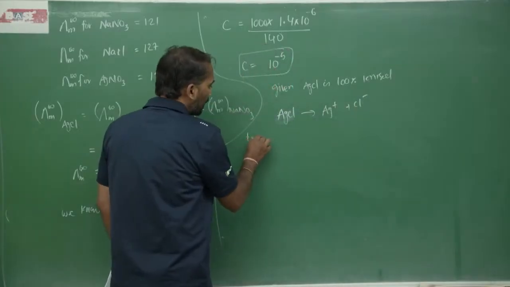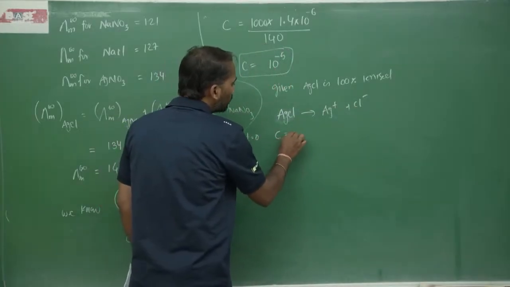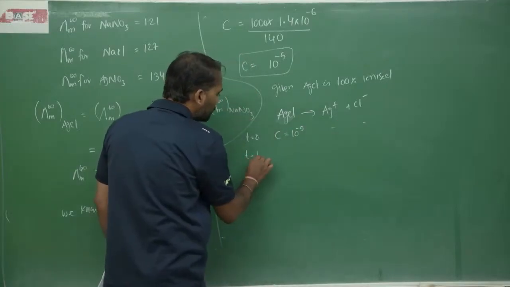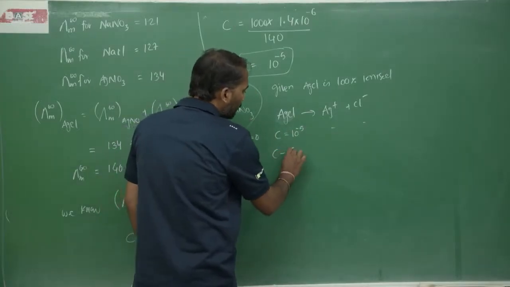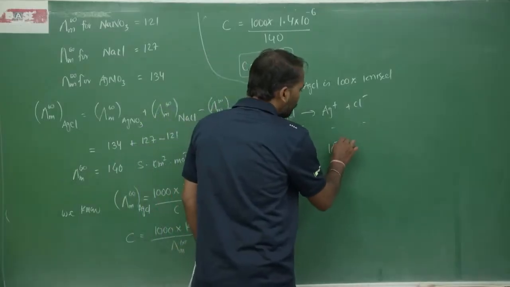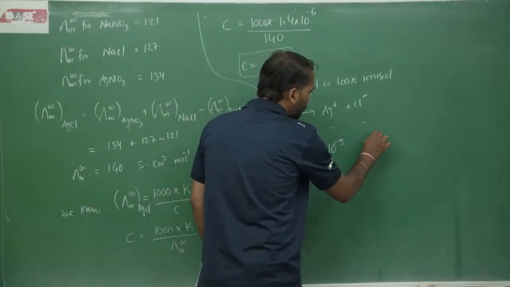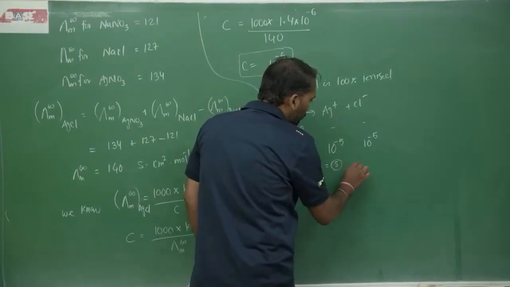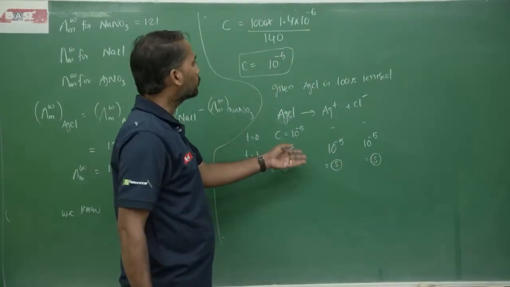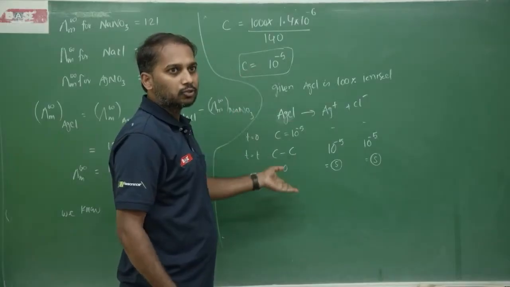So at time equal to 0, we took the concentration as 10 power minus 5. If it is 100% ionizing, then completely it will react, nothing will be left over. So you will get 10 power minus 5 and 10 power minus 5. This is only its solubility. How much ions are produced is only the solubility, and with 100% ionizing, that is the concentration.